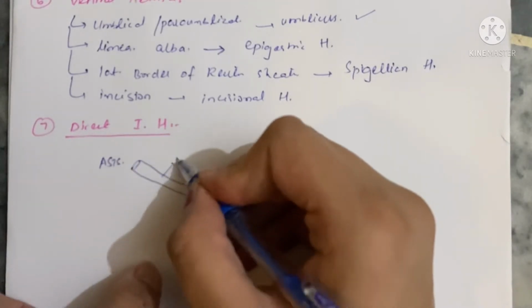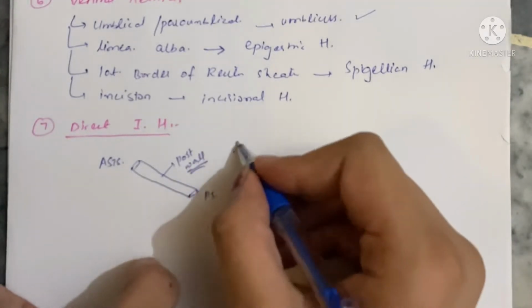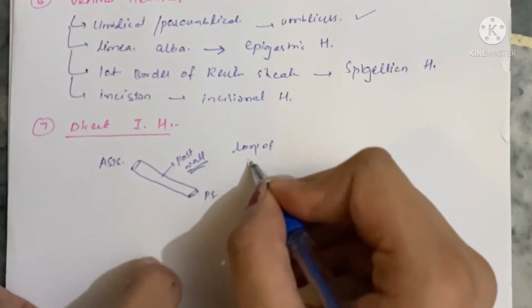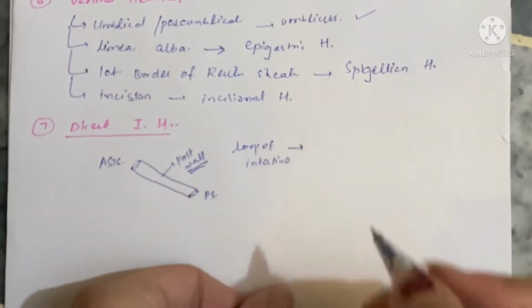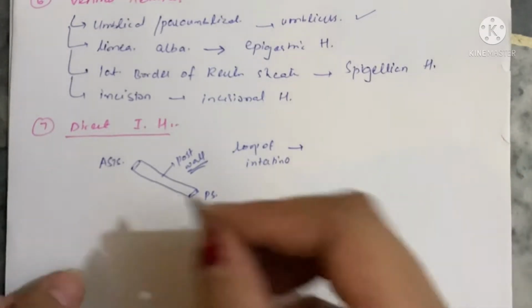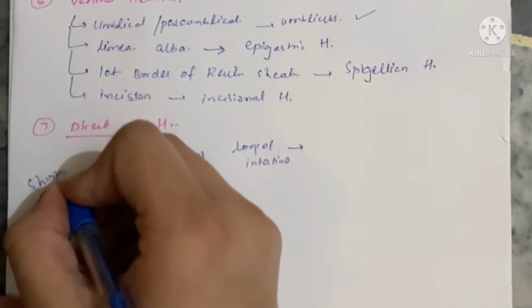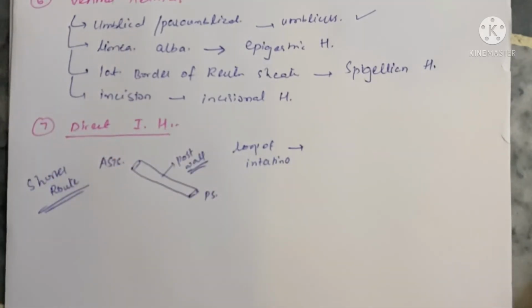Suppose this is the posterior wall of the inguinal canal. If any loop of intestine enters directly, it is called direct because it uses a shorter route. That's why we're calling it direct inguinal hernia.